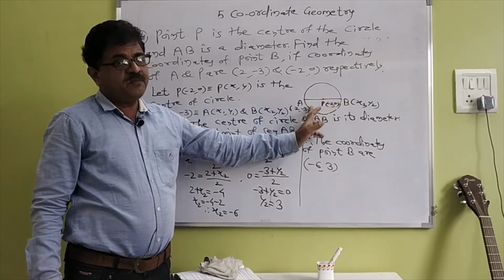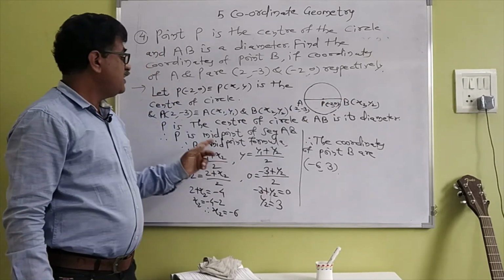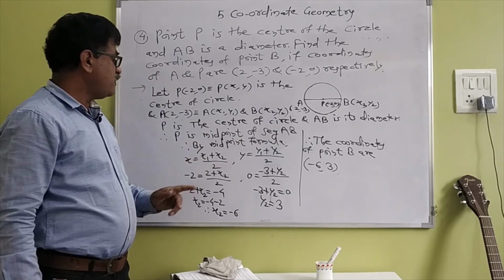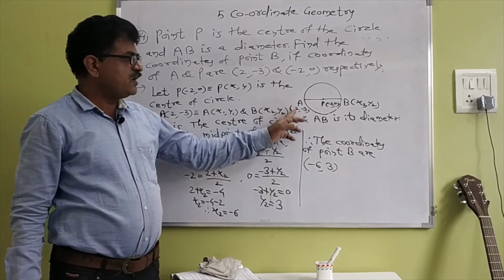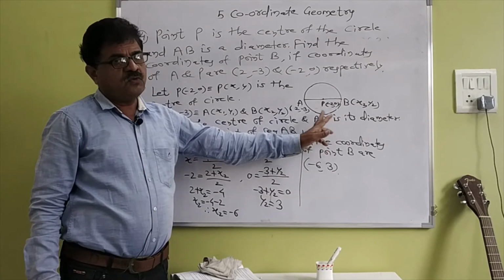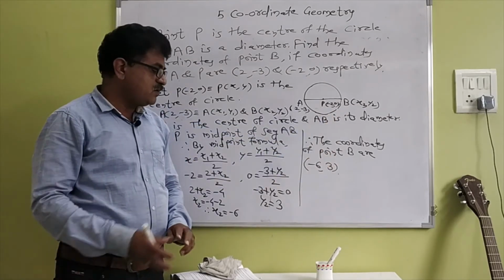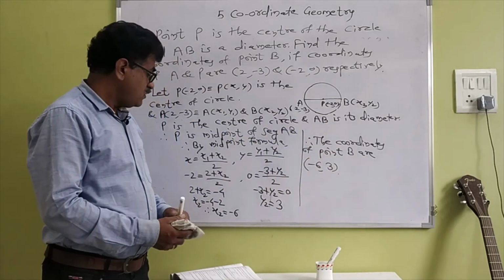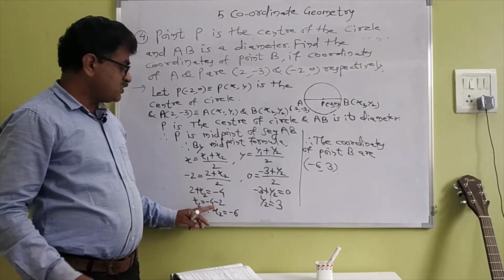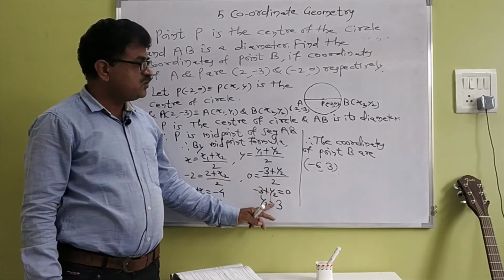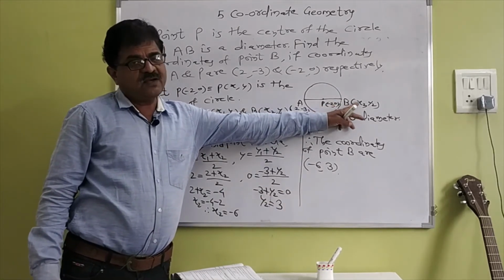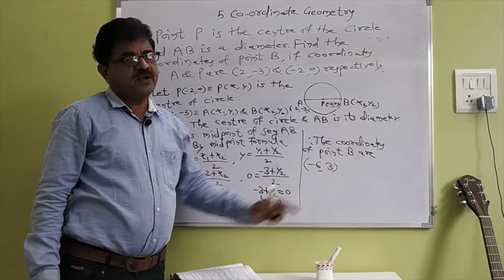Therefore P is the midpoint of segment AB. Therefore by midpoint formula, x is equal to x1 plus x2 divided by 2, y is equal to y1 plus y2 divided by 2. Now by solving these equations we get the values of x2 y2, that is, the coordinates of point B.